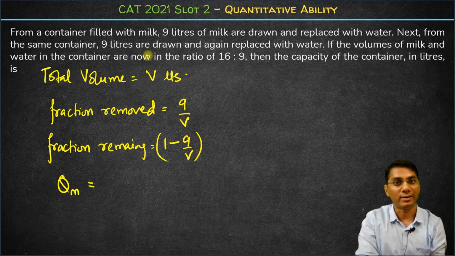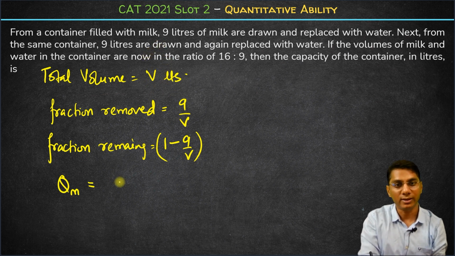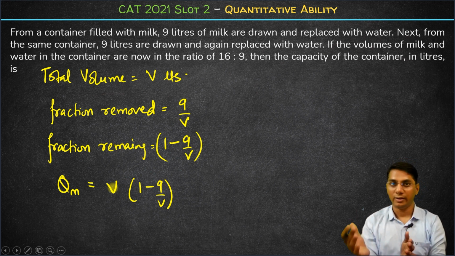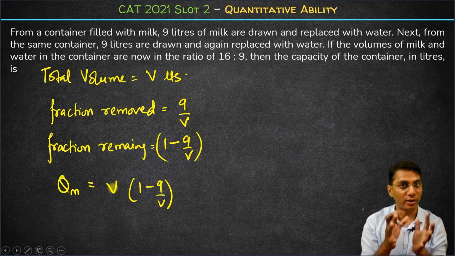Initially there was only milk, right? The whole V liters was milk. So the quantity of milk remaining will be 1 minus 9 by Vth fraction of V liters. This is the quantity of milk remaining after one replacement. Remember, milk is not being added. So whatever is remaining is the final quantity of milk.